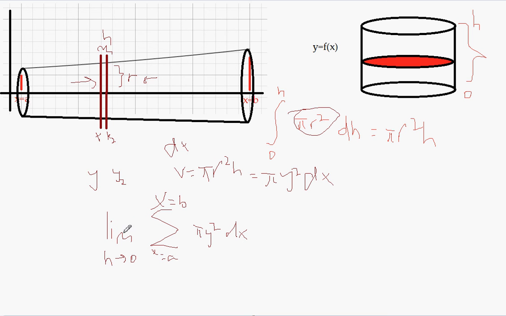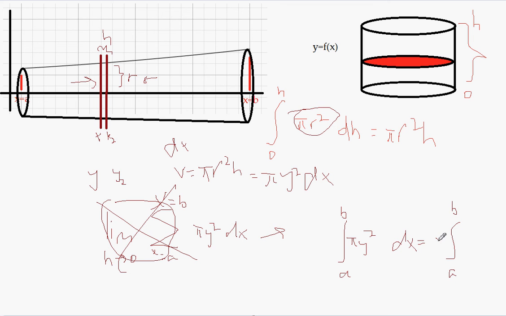And I'm sure you can tell already that this limit as h approaches 0 of the sum from x equals a to x equals b is the definition of the definite integral. So we can take all of this and replace it with the integral from a to b of pi y squared dx.